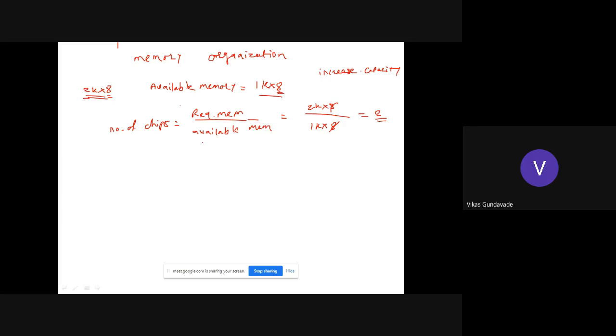Now, we will take one more example here. Suppose the required memory is 1K by 8 and the available memory is 1K by 4. Then the number of chips which we need to interface to the microcontroller is given by required memory to the available memory.